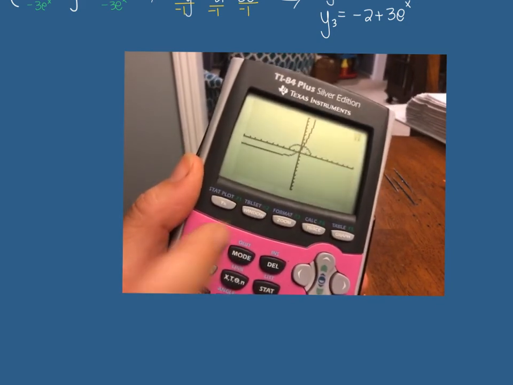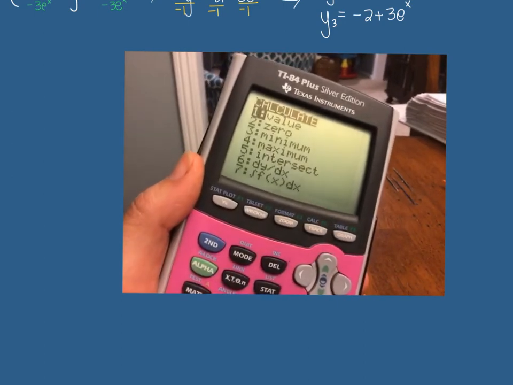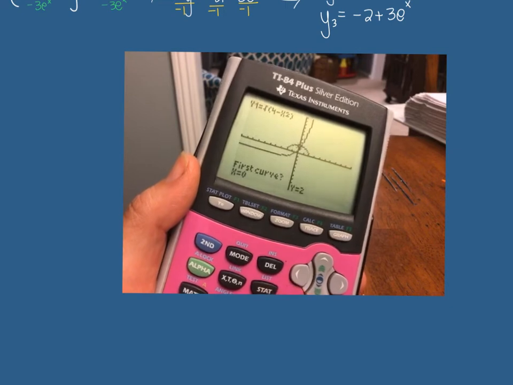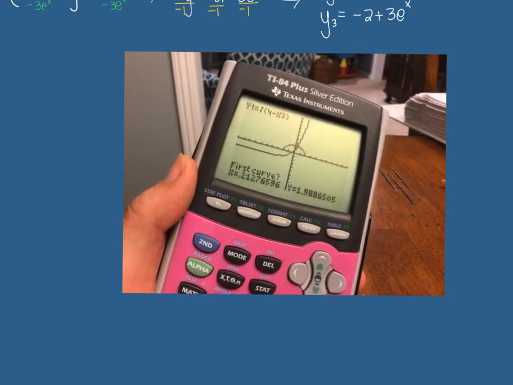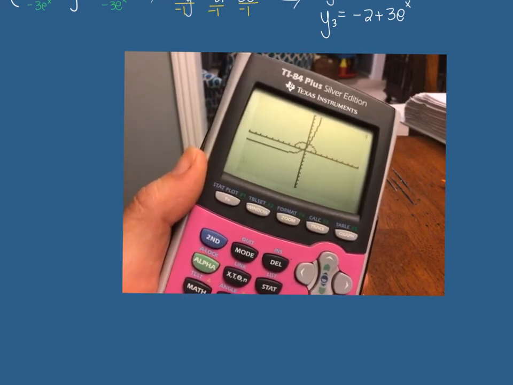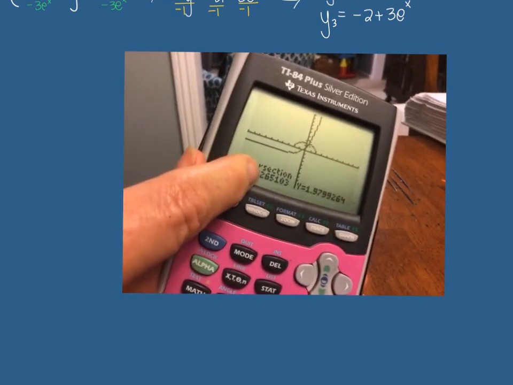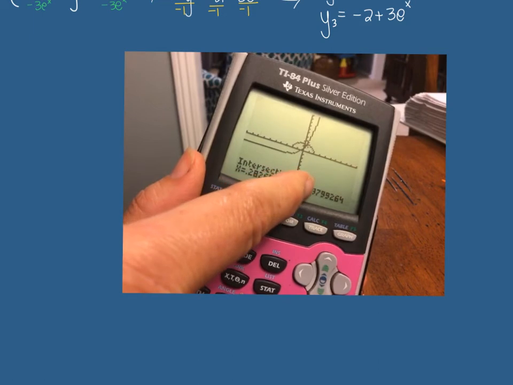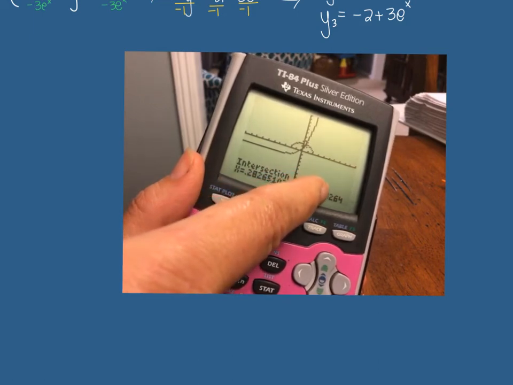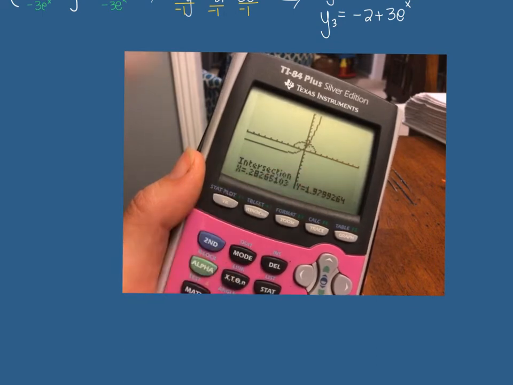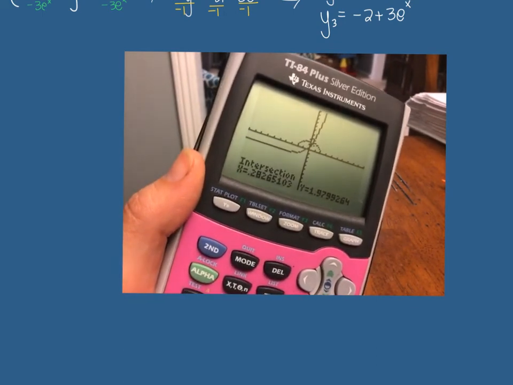I'm going to go to second calc, option number 5, and I'm going to find that intersection spot by hitting enter 3 times. And I'll record 0.282, look at the 6, it becomes a 3, and 1.979, look at that 9. Now that's an interesting rounding. I want to talk with you about what to do with that in just a minute.